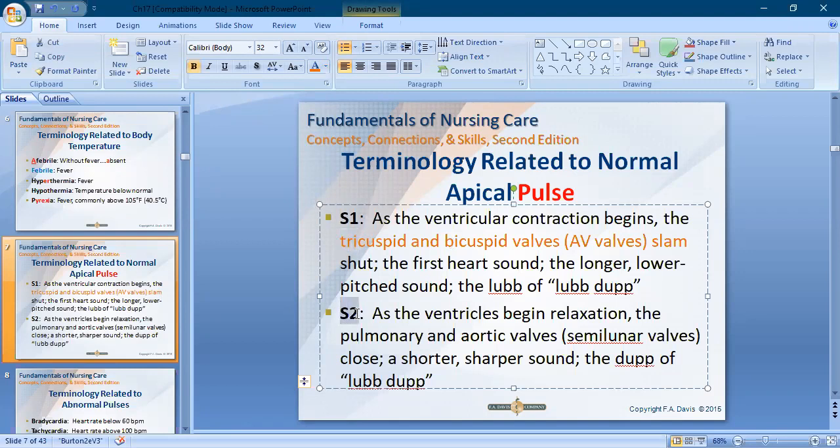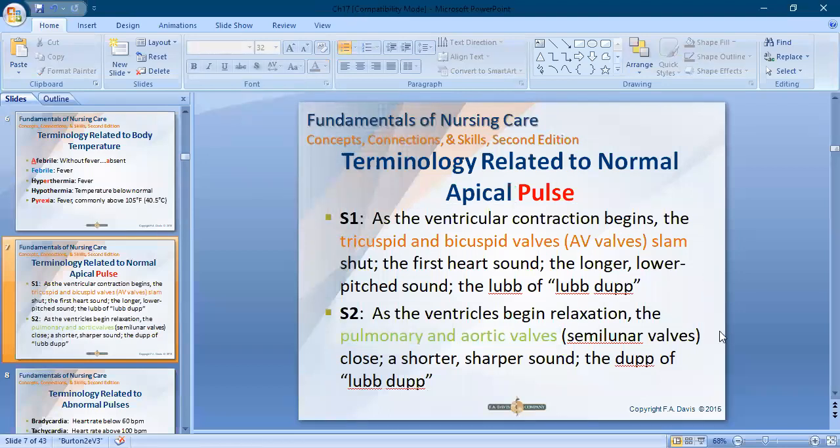And S2 is produced when the pulmonary and aortic valves close. So these are two valves. The board asks this question: when is S2 produced? When is S1 produced? S2 is produced during pulmonary and aortic valve closing, but S1 is produced when the tricuspid and bicuspid valves close.